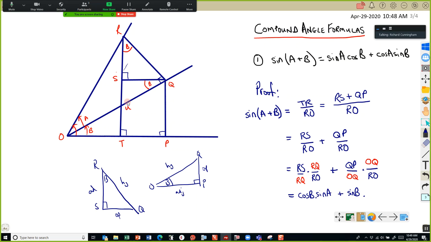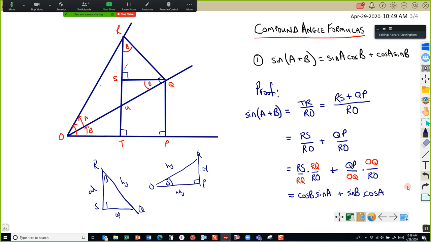Looking at the big triangle again, this one. What is OQ over RO? Of A. Yeah, good, because there's the angle. This would be adjacent. Yep, adjacent over hypotenuse. So this would be cos of A.